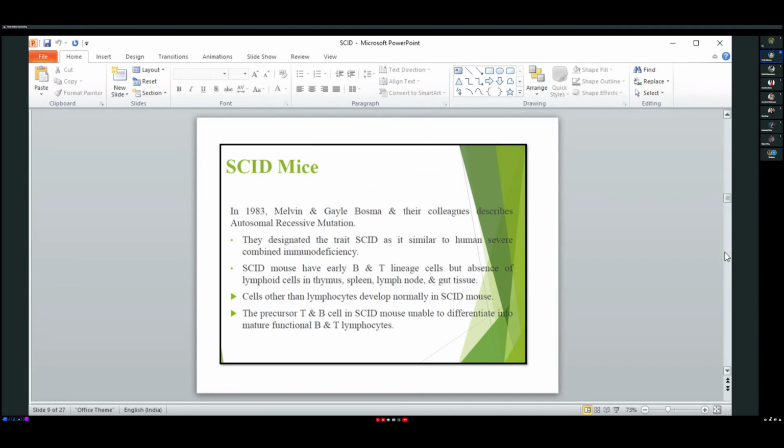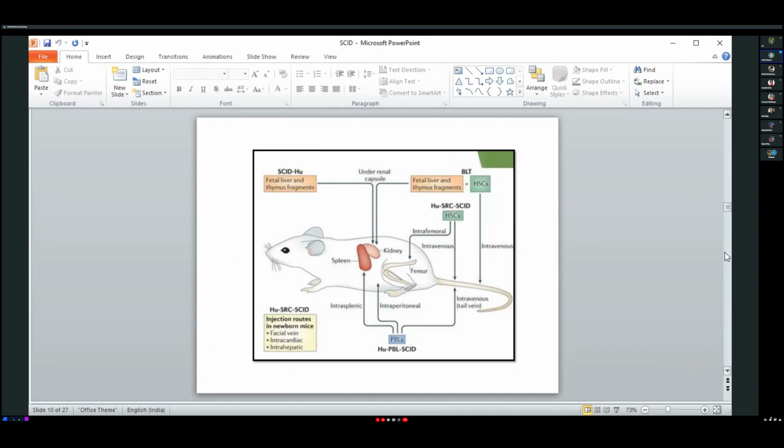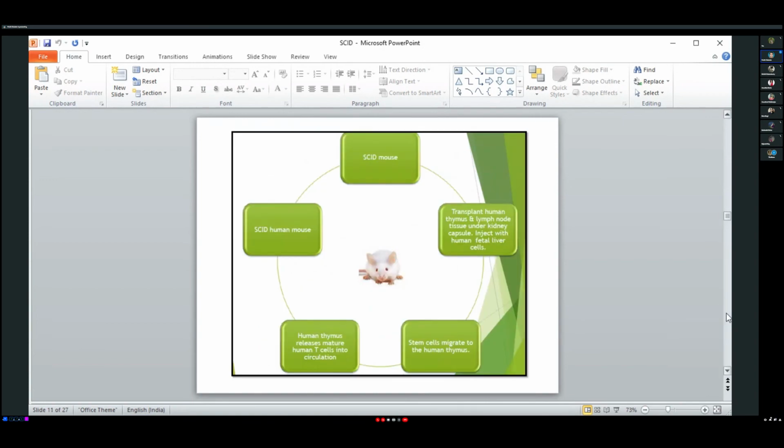It is a molecular biology term, used in labs where mutation of certain genes is done intentionally and a mouse model is produced. People study each mutation and try to understand how it is associated with several other diseases. There are different kinds of SCID mouse models available in which different genes are mutated.